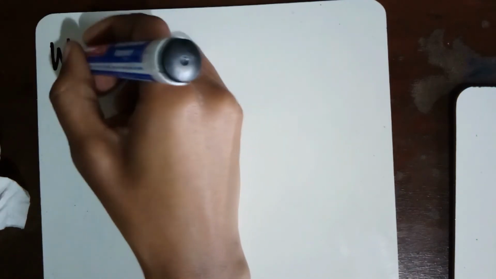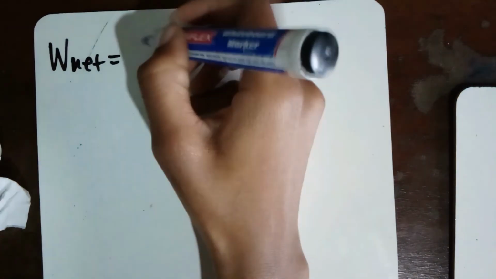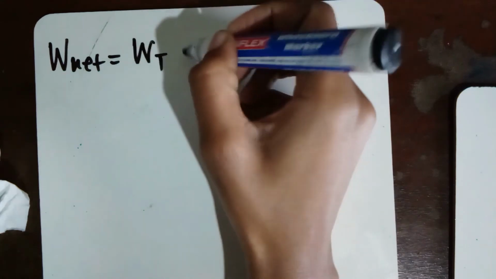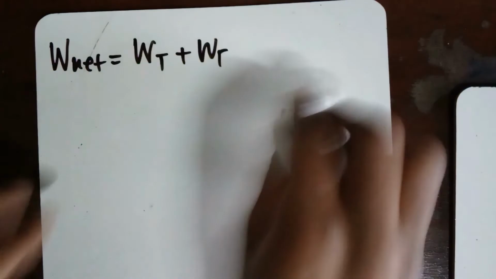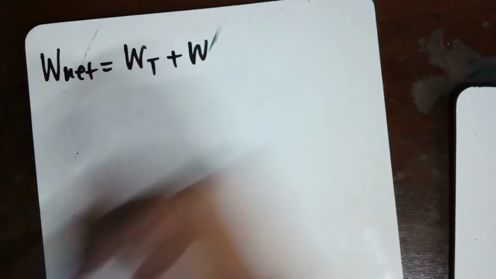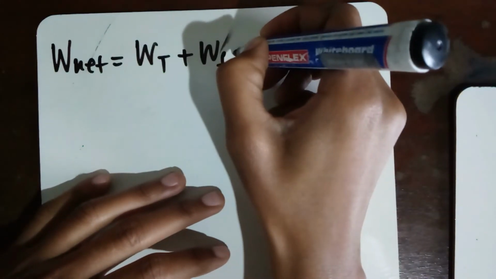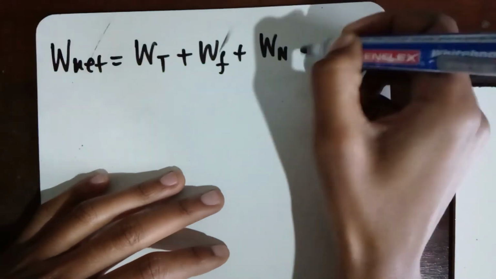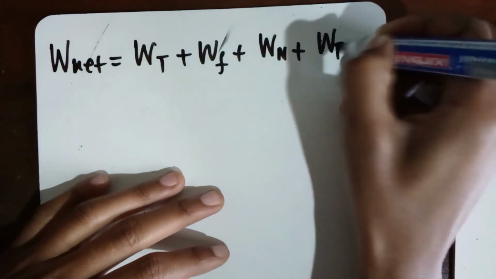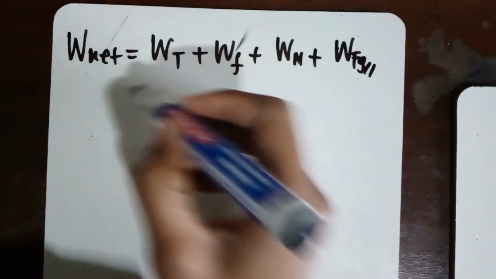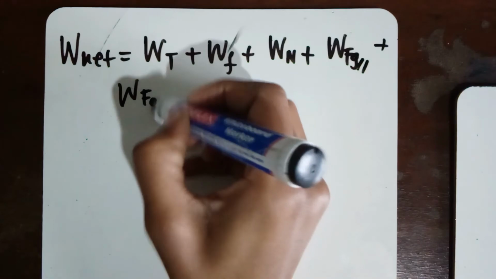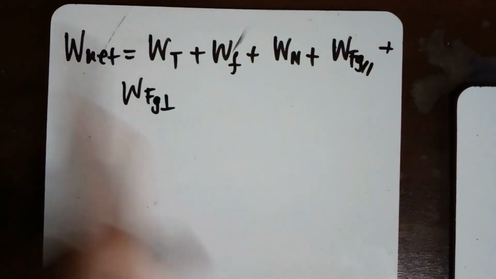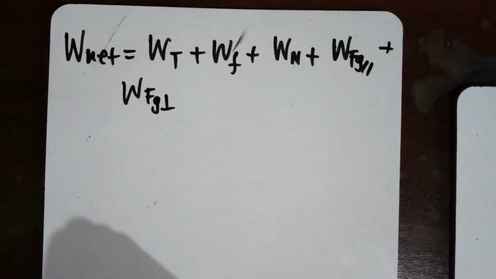So we can say the total net work done is given by the work done by the tension plus the work done by friction plus the work done by the normal plus the work done by the parallel component plus the work done by the perpendicular component of weight.